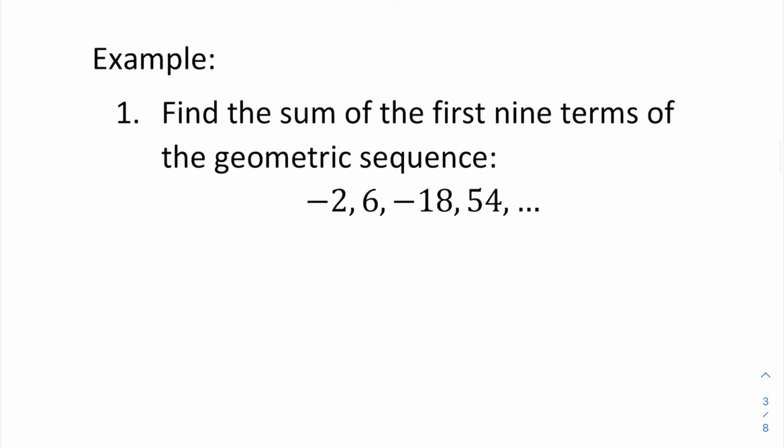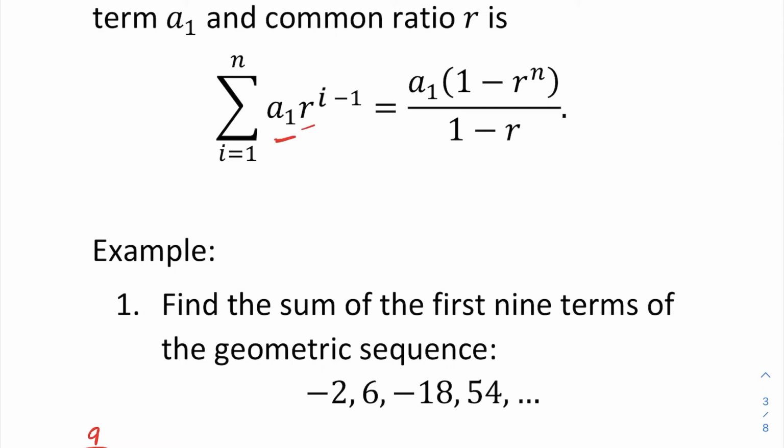It says find the sum of the first 9 terms of this geometric sequence. So the things that I need to know to find this sum, from i equals 1 to 9, the first 9 terms of a1 times r to the i minus 1.